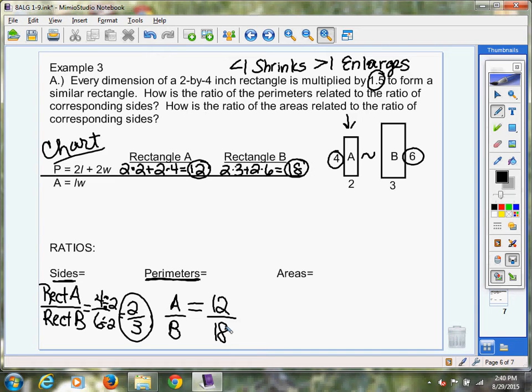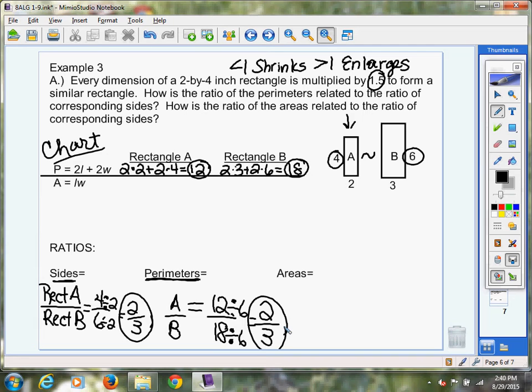So what number reduces both 12 and 18? Let's do 6. 12 divided by 6 is 2. 18 divided by 6 is 3. Circle that. Hey, wait a second. The ratio of the sides is 2/3, and the ratio of the perimeter is 2/3.